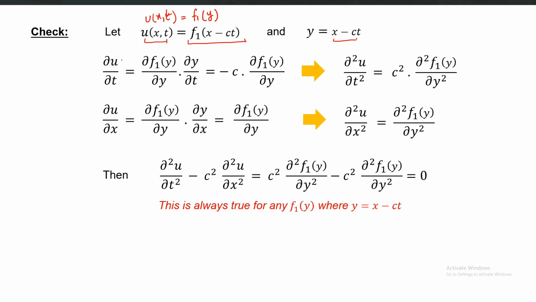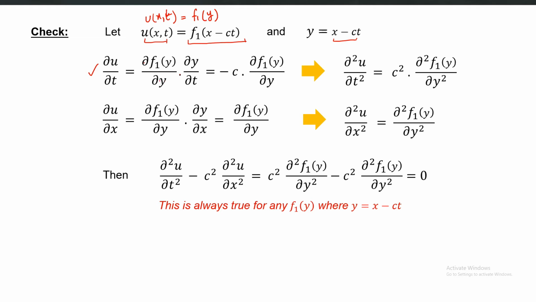On the left hand side it will be this. On the right hand side we can apply the chain rule: partial f1 of y over partial y times partial y over partial t, because x minus ct is y. So here we are applying partial over partial t, but we are also applying the same partial over partial t using the chain rule now.